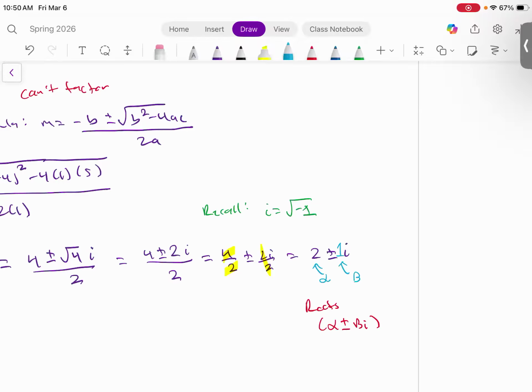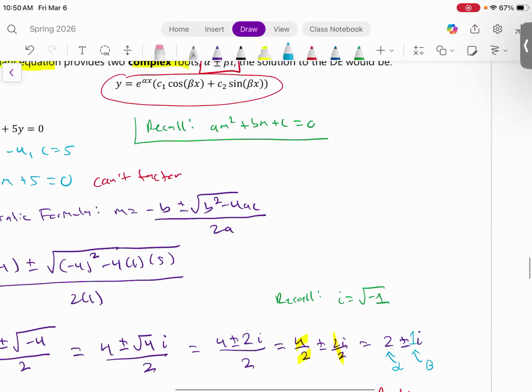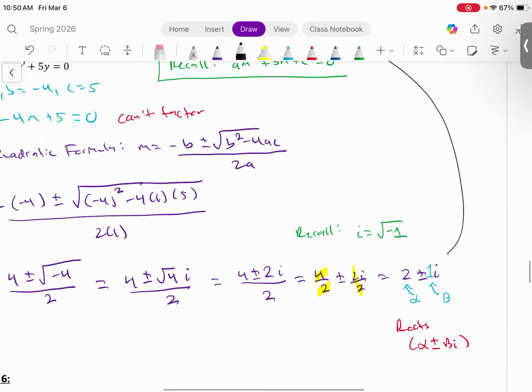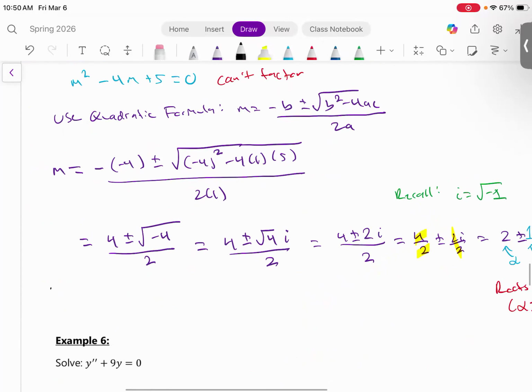So I will take my alpha and beta and throw them back into the solution where they belong and write up our general solution. Therefore, y equals e to the 2x, all times c1 cosine of 1x plus c2 sine of 1x.